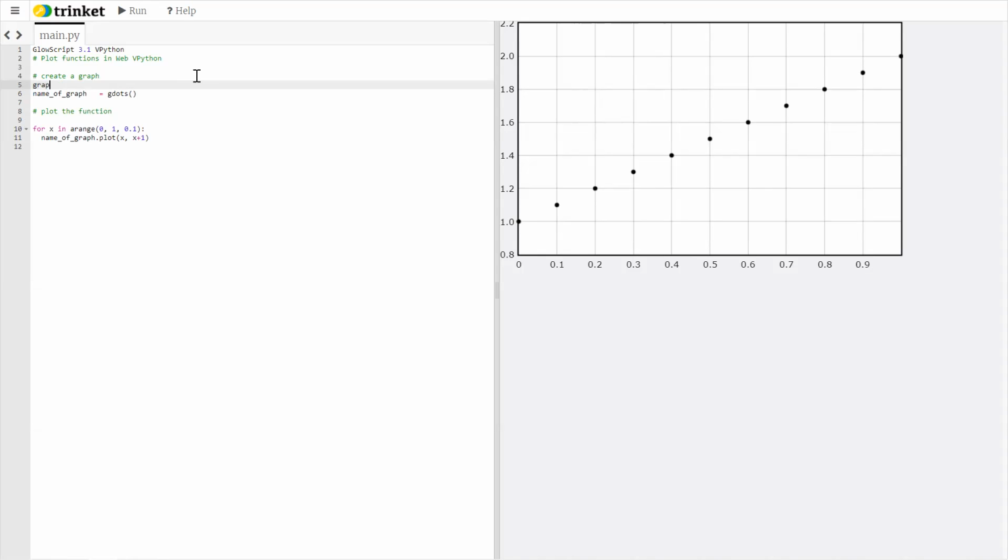So let's define the graph template using the function graph. And then you can input all the attributes of the graph template inside this function. So for example, you want to include the title of the horizontal axis. Let's say that's X. And then the vertical axis is f of X.